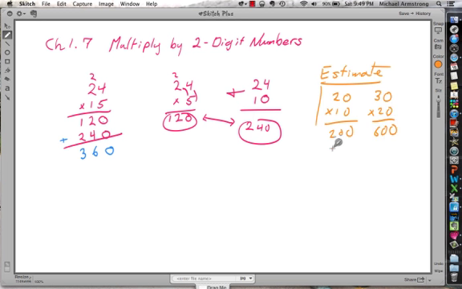I know that my answer should be bigger than 200 and less than 600. I know that's true, and it ends up being 360. It's kind of in the middle between 200 and 600 because 24 and 15 are sort of in the middle.